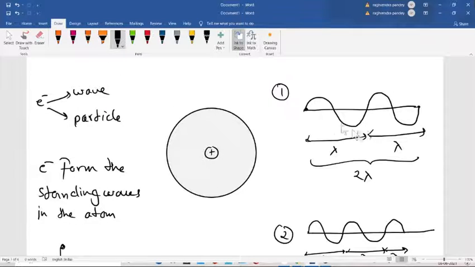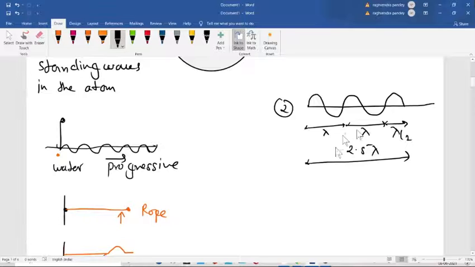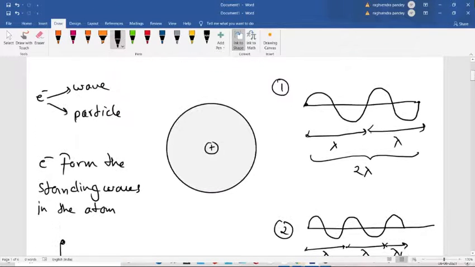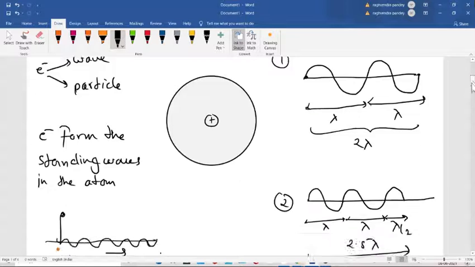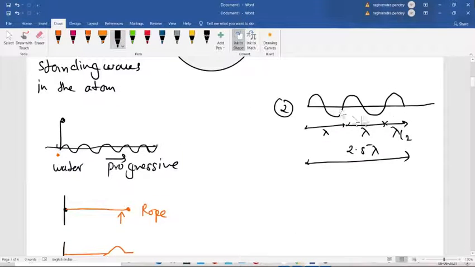So we are taking two cases. One is a wave which has the total length of 2 lambda, and another is 2.5 lambda. Now this wave will exist on the circle, and this wave of total length 2.5 lambda does not exist on the circle.